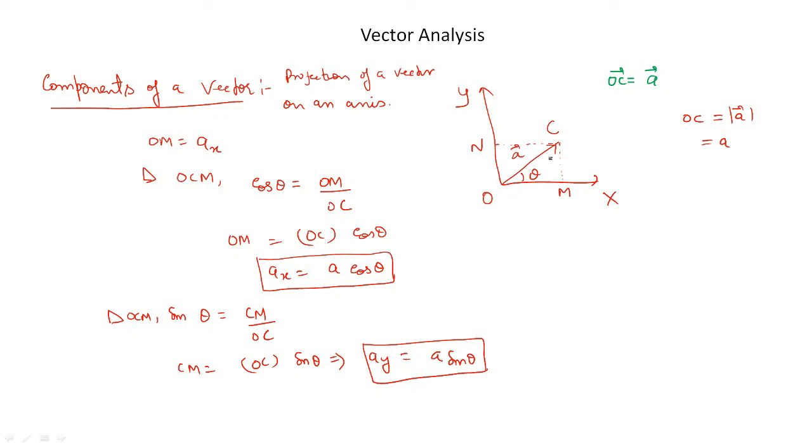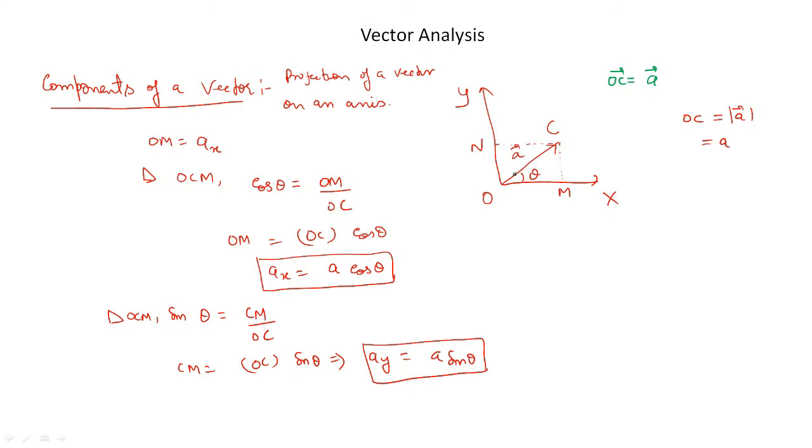Now we can find two components of the vector A, which are along the x-axis and y-axis. Along the x-axis the component is OM, or it is equal to AX. Similarly, along the y-axis the component is ON, or it is called AY. Now here you can see that OCM is a right triangle. So we can find cos theta.